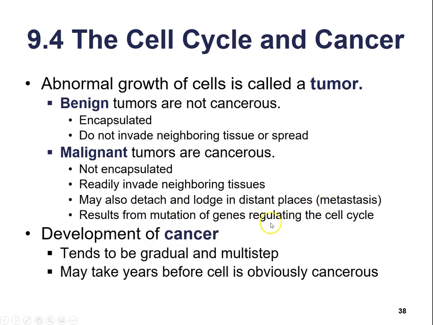And so this says it results from mutation of genes regulating the cell cycle. Again, imagine you have a cell that should not be making a whole bunch of new cells, but for whatever reason, because of a mutation, it does, and it leads to the formation of tumors. So the regulation of the cell cycle is super important in the development of cancer.